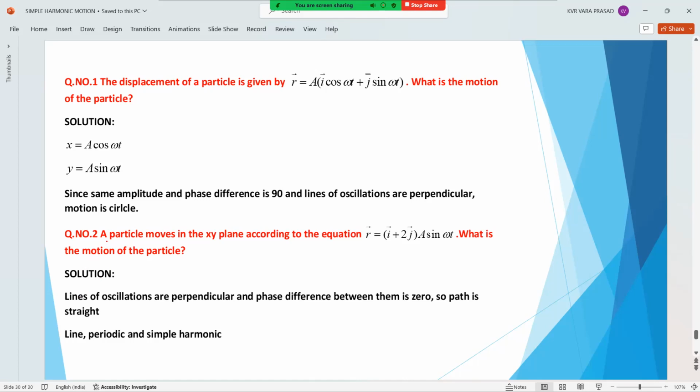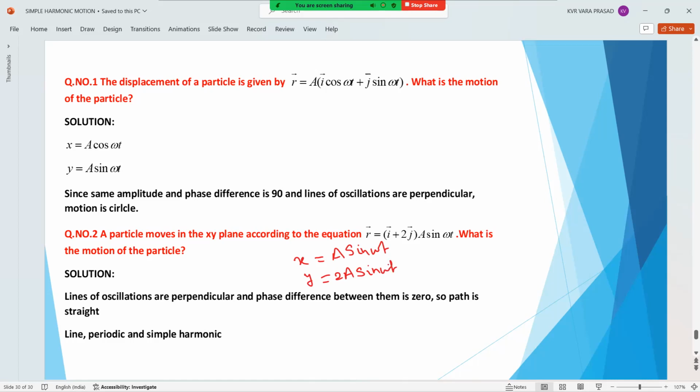Let us see the next, question number 2. A particle moves in the xy plane according to the equation r bar equal to (i cap plus 2 j cap) a sin omega t. What is the motion of the particle? Here I can write x equal to a sin omega t, y equal to 2a sin omega t.